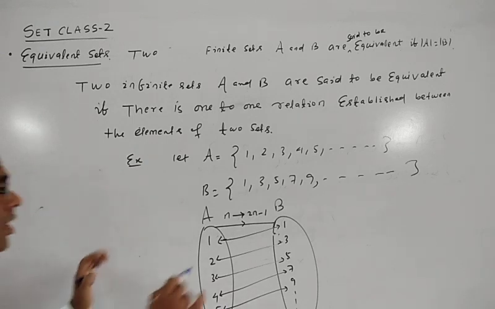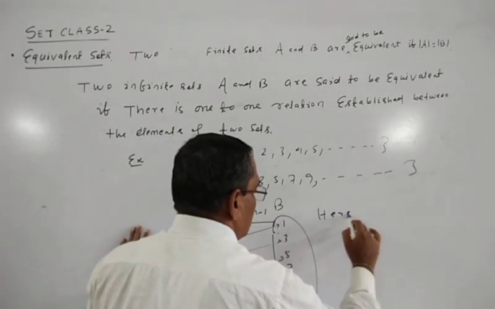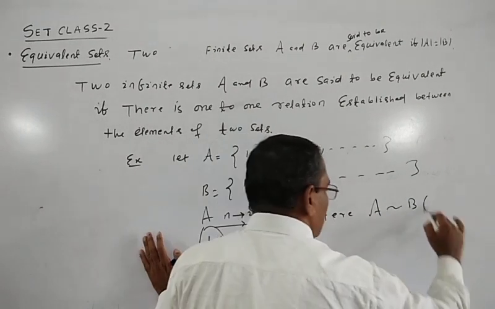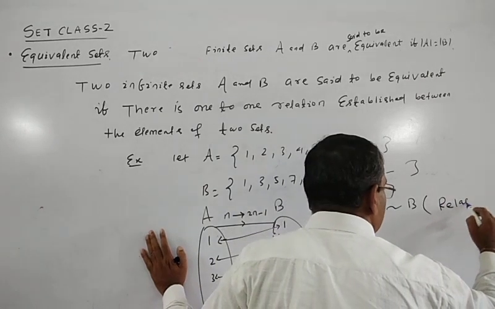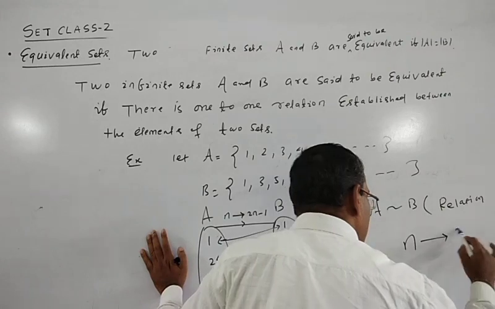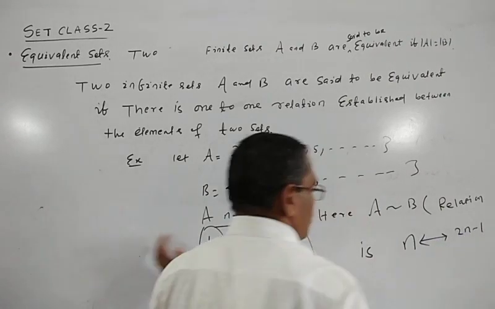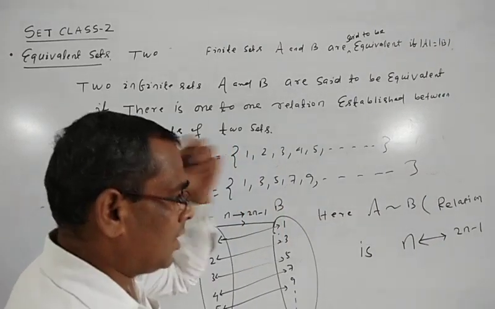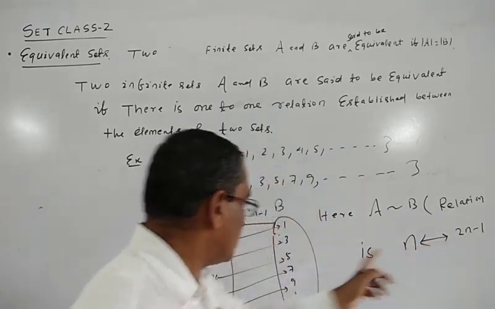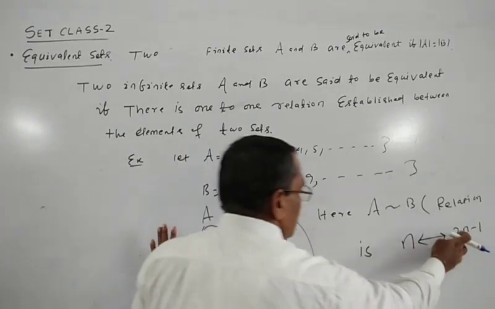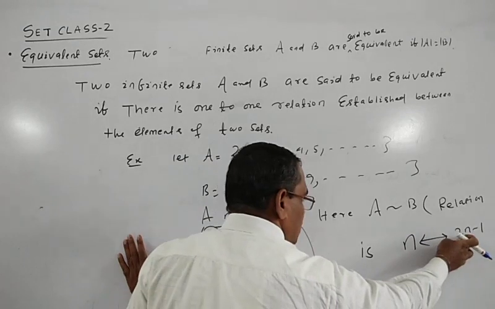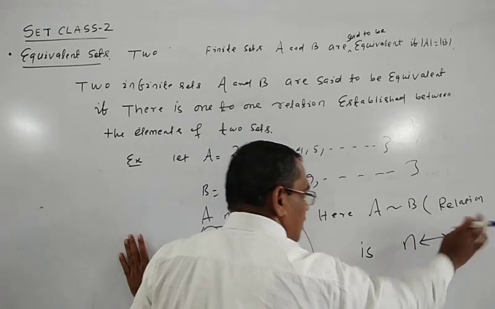So here A is equivalent to B, because there is a relation. The relation is n goes to 2n minus 1. If we put n is equal to 1, then it will be 2 into 1, 2, minus 1, 1. If we put n is equal to 3, then 2 into 3, 6, minus 1.